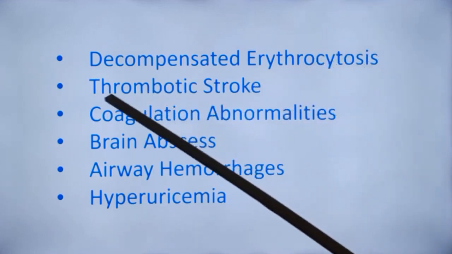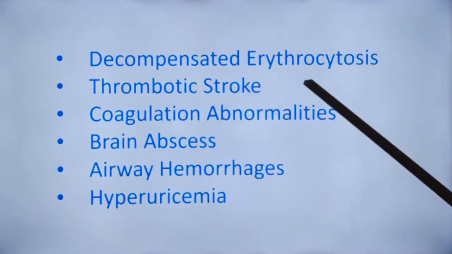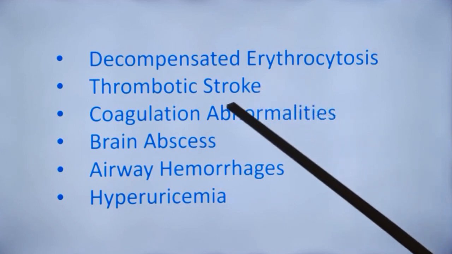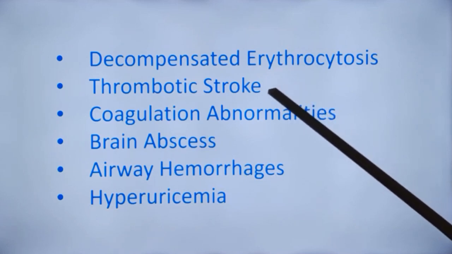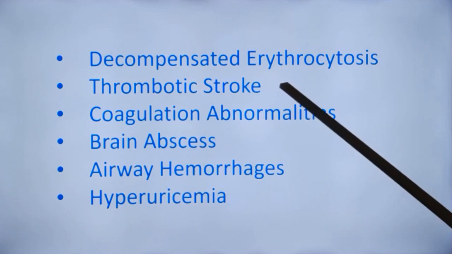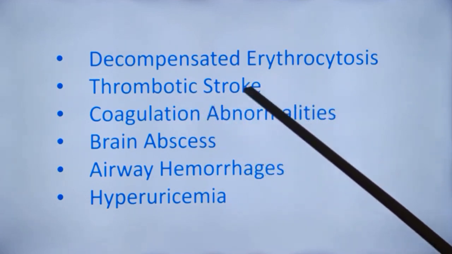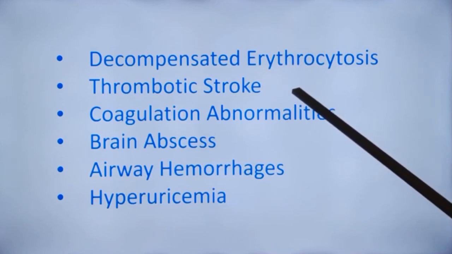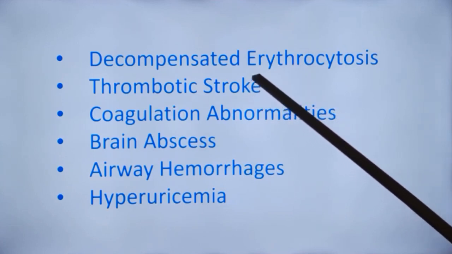And thrombotic strokes are also an important complication due to hyperviscosity, and they are more likely to occur if there is iron deficiency. So one has to be very careful about avoiding iron deficiency in those with Eisenmenger syndrome. In thrombotic stroke prevention also, avoiding iron deficiency is important.